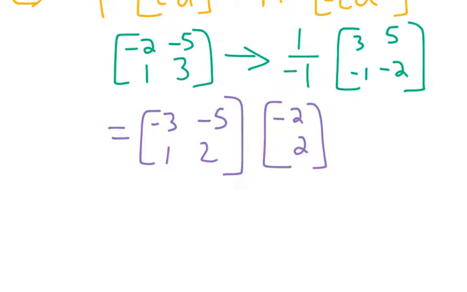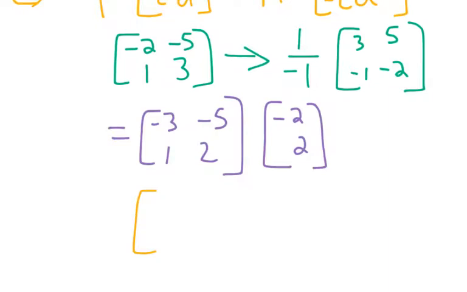When I look at my first row and my first and only column, I'm going to get negative 3 times negative 2 plus negative 5 times 2. Actually, let me rewrite this so it's more clear.